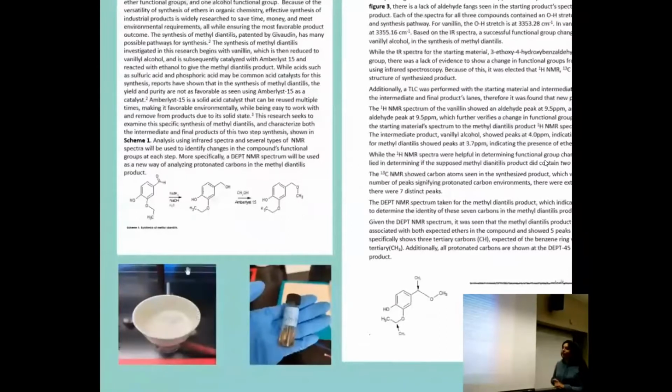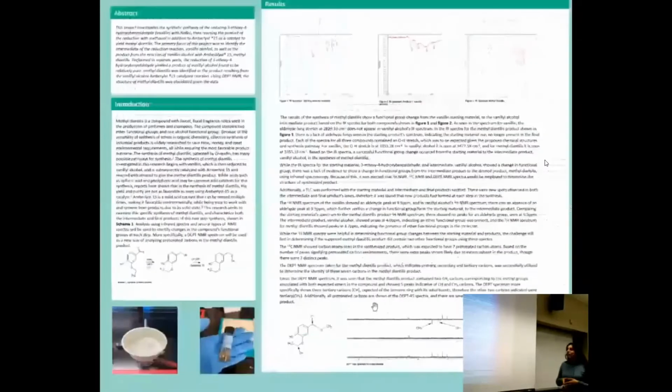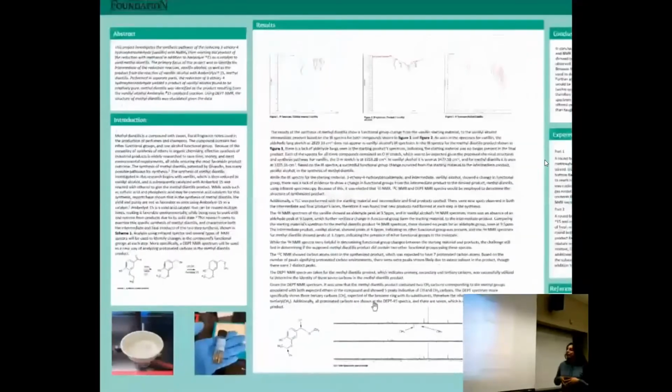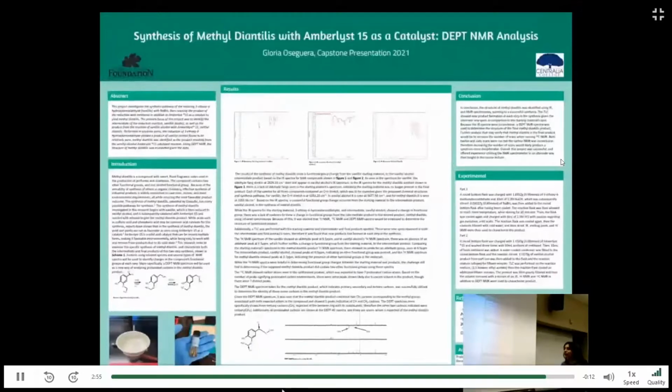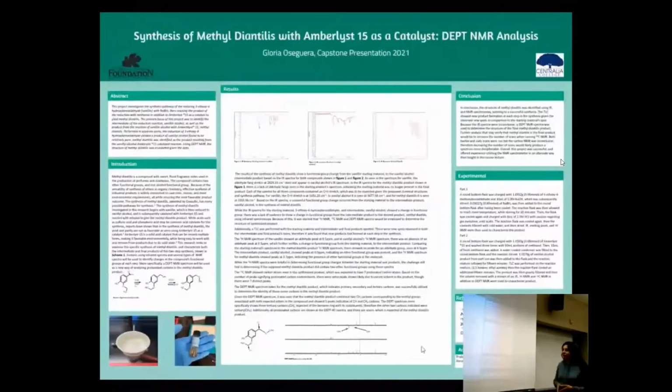So overall, the focus of this project was at first to elucidate the structures at each step in the synthesis. But because of the lack of evidence that was found in the IR spectrum, depth NMR spectrum, which was a new way for me to use an NMR spectrometer, was used.